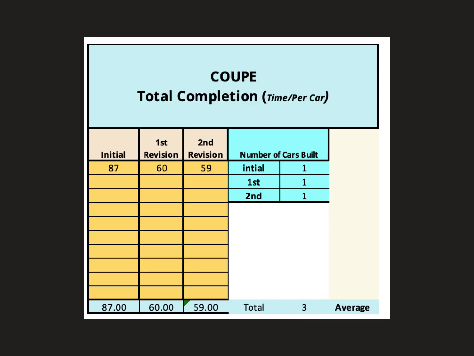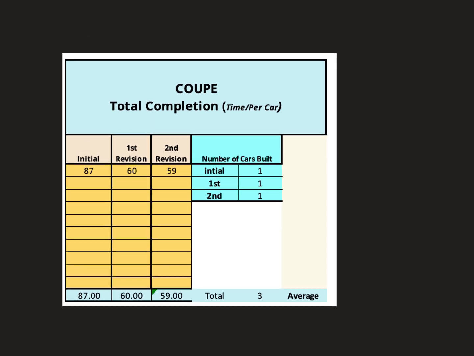At the bottom of each model's spreadsheet, coupe and sedan and van, is this box, which we told students not to alter. And that's because the formulas are set up to total the amount of time it took them to build each car. So each of these cells represents the total amount of time it took them to build each car.